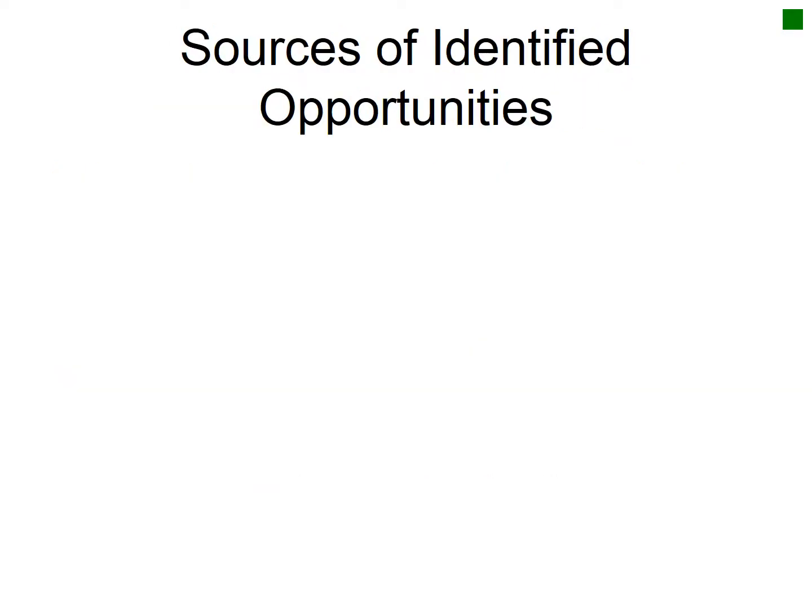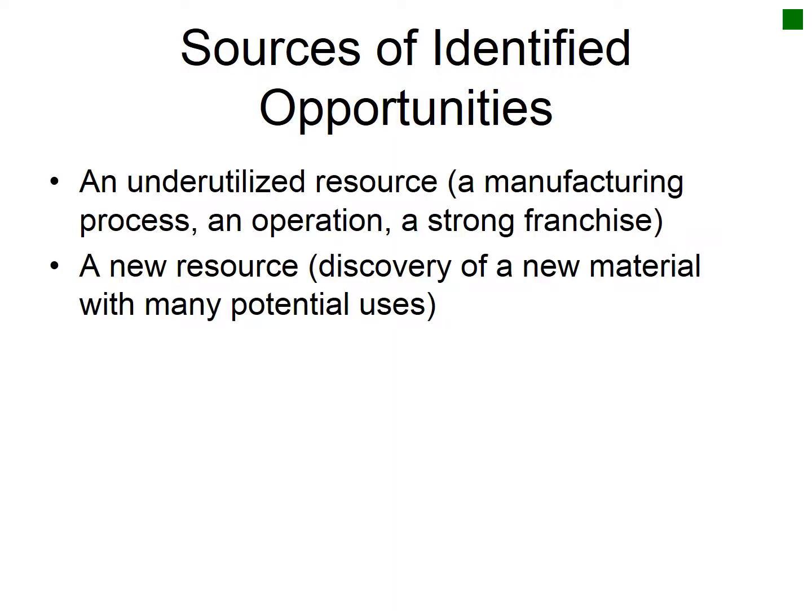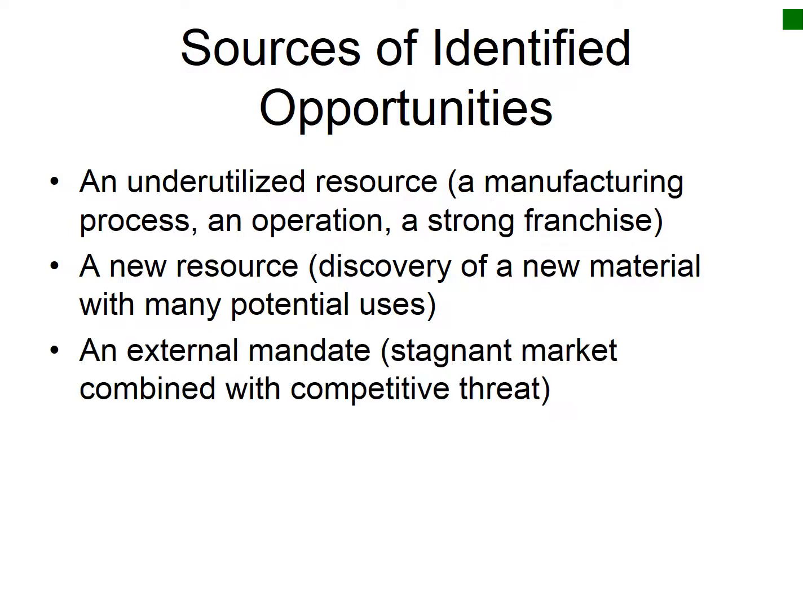So different sources exist to be able to identify such opportunities. Underutilized resources, for instance. If I'm a company and I have a certain manufacturing process and maybe I'm not at full capacity, then maybe I could utilize the manufacturing process more efficiently, and that slack may allow me to create a new product on a product line. Or maybe I have access to a resource, maybe a raw material or something along those lines, that my competitors may not have.